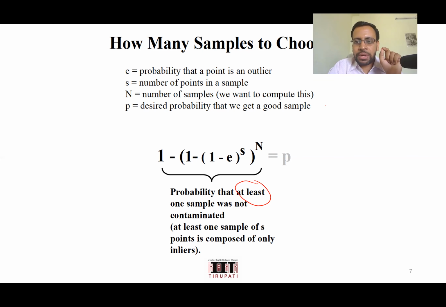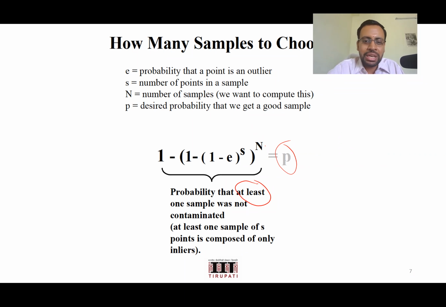And if you are doing a homography transformation, this is equal to 8. So S is fixed. So what is the only variable? For P, you would say that I want, with 99% probability, at least one right picking of the samples, in which all the points that I have picked in a sample are inliers. That's the P. So we could fix P.